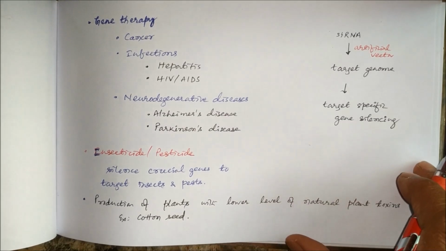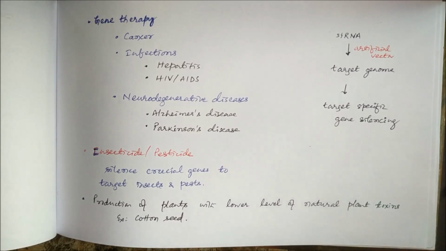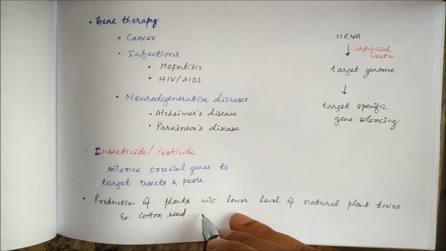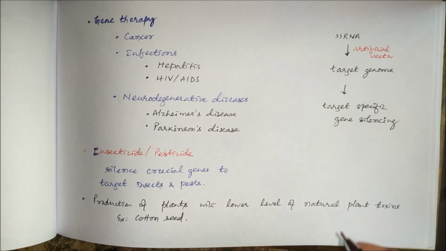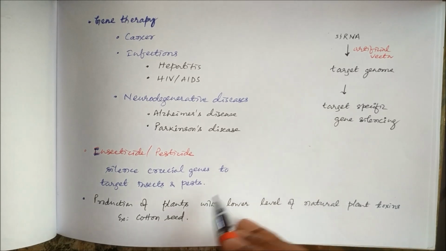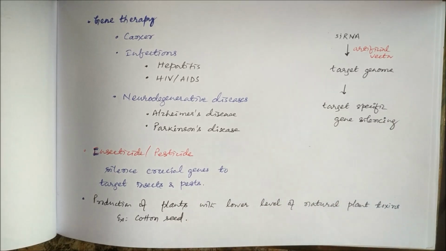And we can also use siRNA for production of plants with lower level of natural plant toxins. For example, cottonseed, the toxic substance is gossypol. We can lower the level of gossypol in the cottonseed by using specific siRNA. So these are the uses of siRNA.